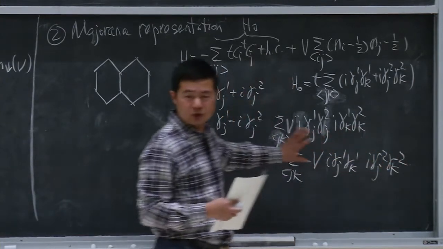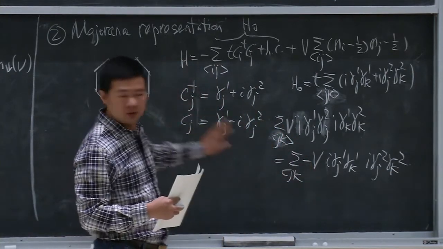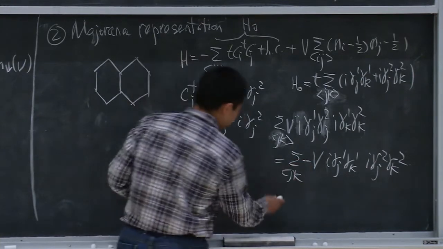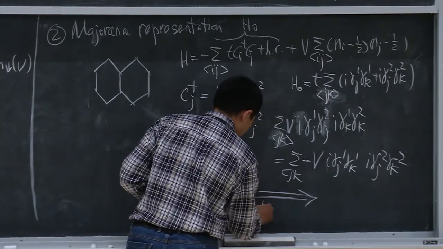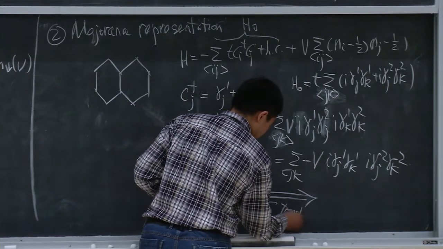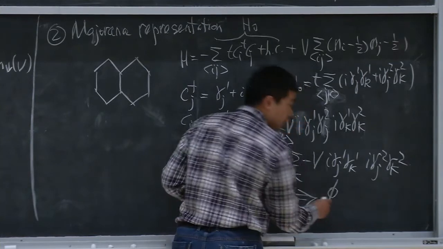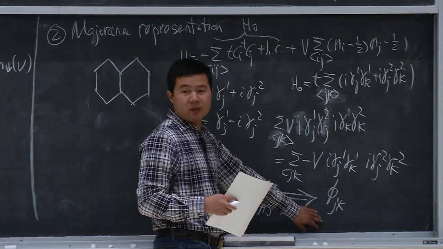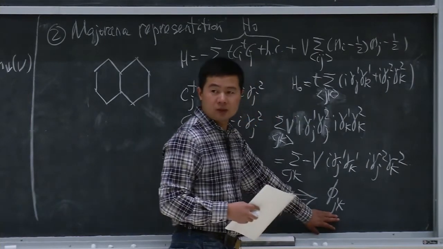And then we can do the usual Hubbard-Stratonovich transformation like the attractive Hubbard model. Here is a minus sign here. So after this Hubbard-Stratonovich transformation, this can be written with an auxiliary field. So now the auxiliary field depends on the bond indices instead of site indices. For the attractive Hubbard model, the auxiliary field lives on the site.